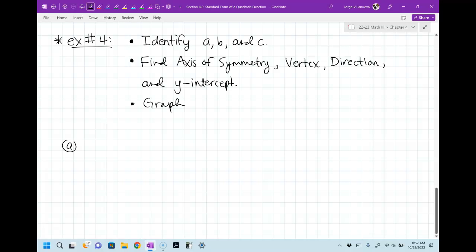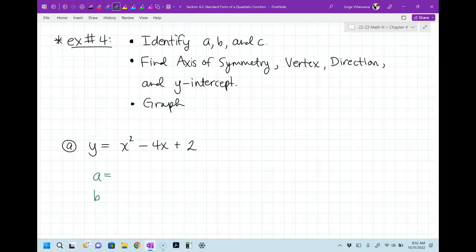So let me start off with the first one here. Hold on, let me think of something here. Now let me put a +2 here. I hope that'll work nicely. All right, so first thing, for this problem, they say identify a, b, and c.